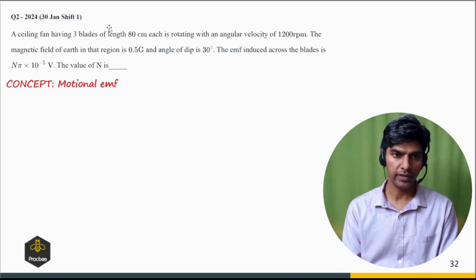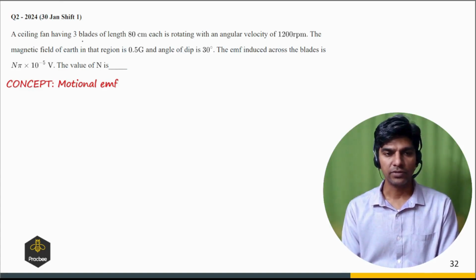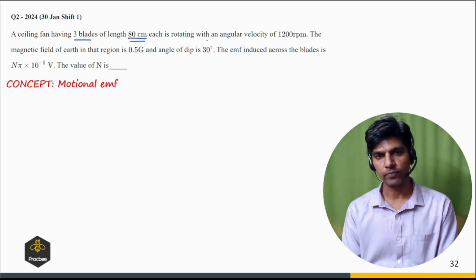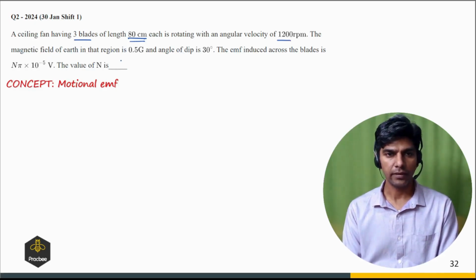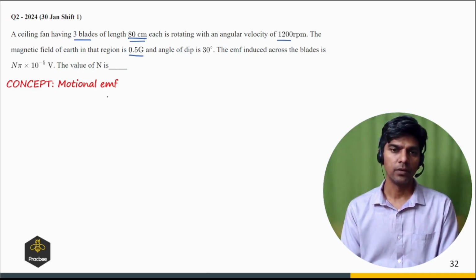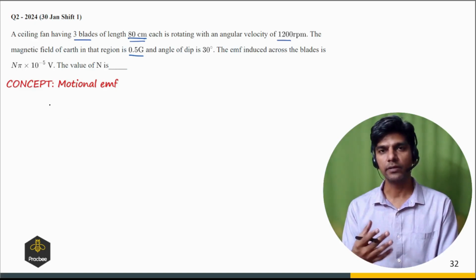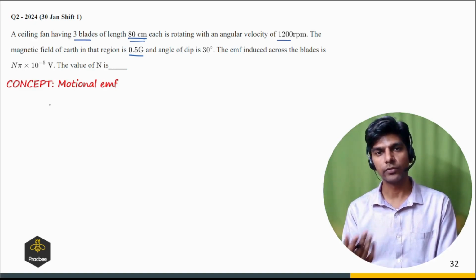A ceiling fan having three blades of length 80 centimeter each is rotating with an angular velocity of 1200 rpm. The magnetic field of the earth in that region is 0.5 Gauss and the angle of dip is 30 degrees. Okay, let me just quickly tell you what is angle of dip. So angle of dip is the angle made by the net magnetic field at a place with the horizontal.